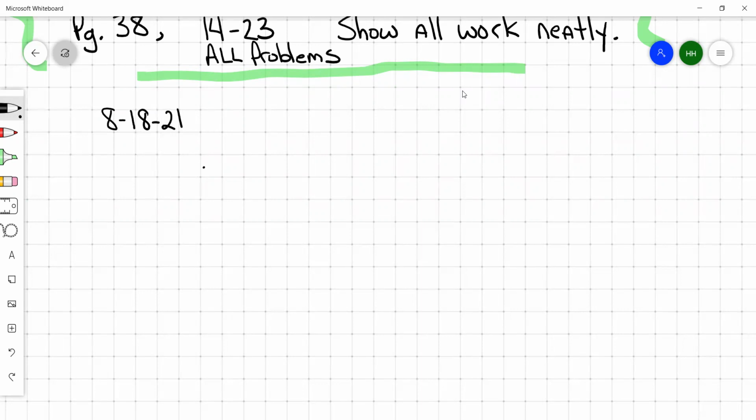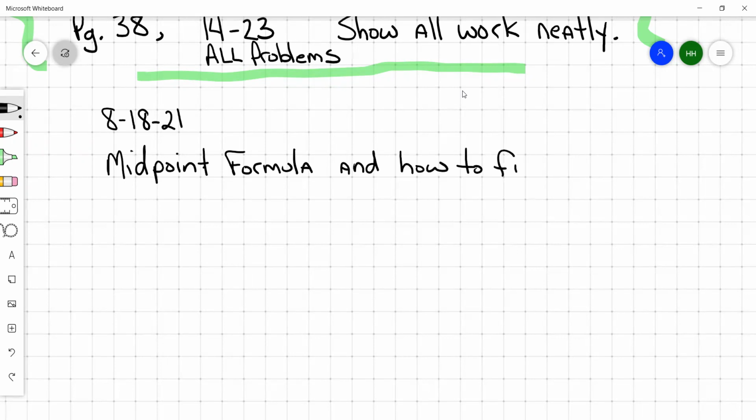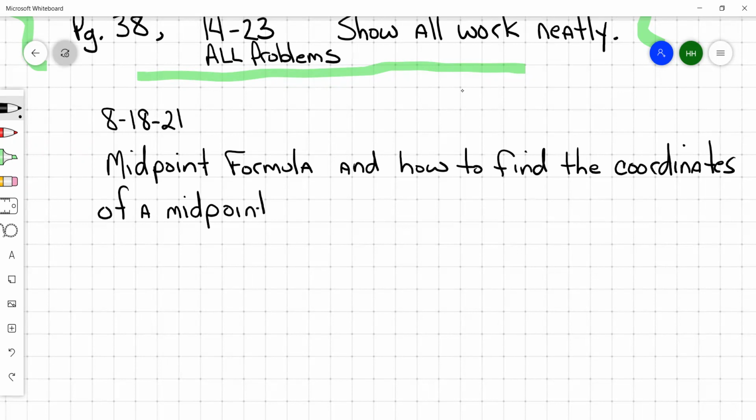Today we are going to cover the midpoint formula, and how to find the coordinates of a midpoint or endpoint.